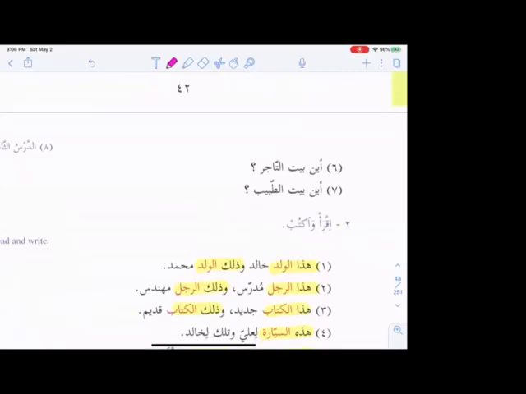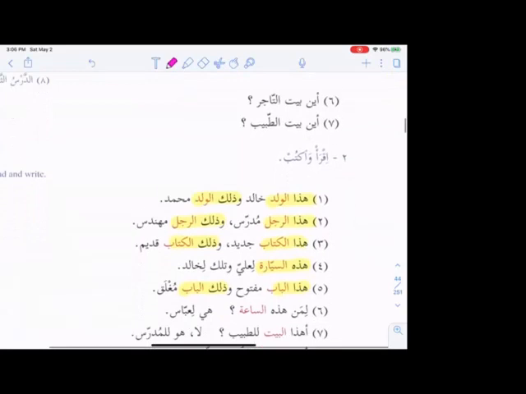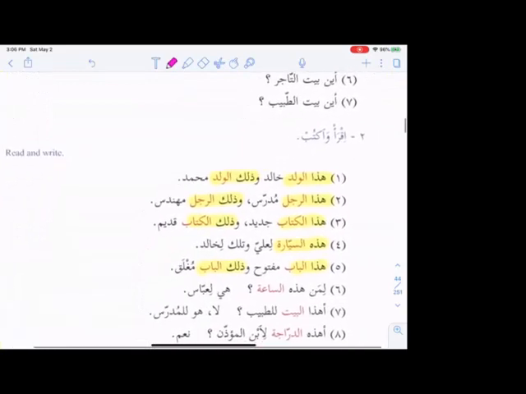Now, here is a beautiful lesson, brothers. Everything is so beautiful. Dr. Saab has composed this exercise. Read and write. We must read and write. Hadal waladu. Okay, my brothers and sisters, I want to make it simple. What is al waladu?